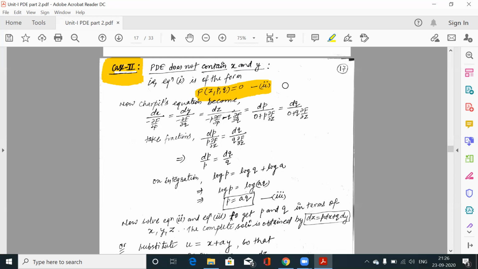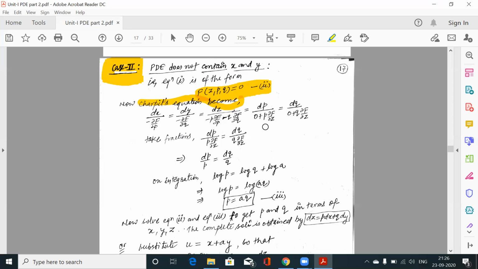Because this is a non-linear first order partial differential equation, we can use Charpit's method, because Charpit's method is the generalized method. It is a general method which can solve any PDE which is of first order and non-linear. These are the sub cases of Charpit's method. We can skip some steps in Charpit's method using these cases.